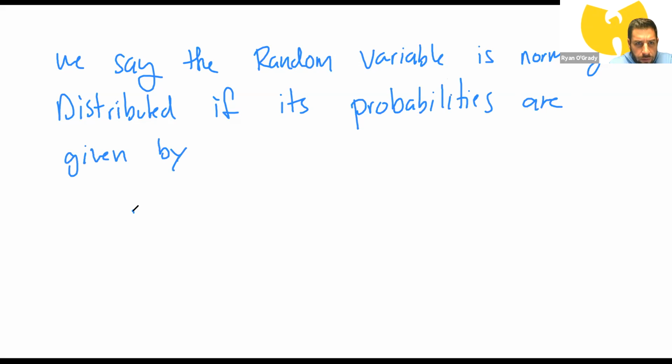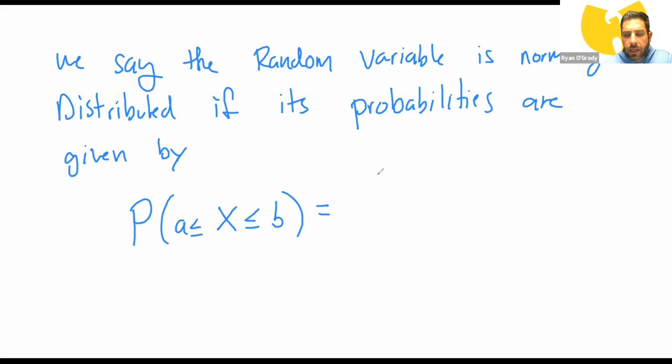We're going to say the probability that the random variable lives between two numbers, which we'll call A and B, is equal to, now I don't want to write the scary math thing out, so I'm going to write out some English: the area under the curve.